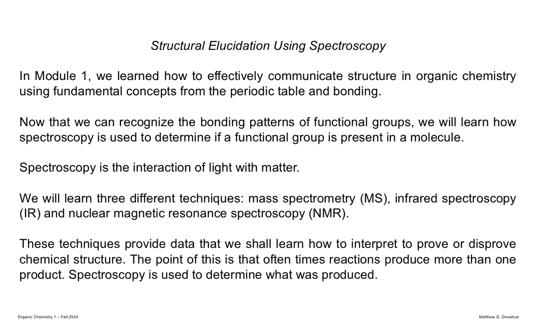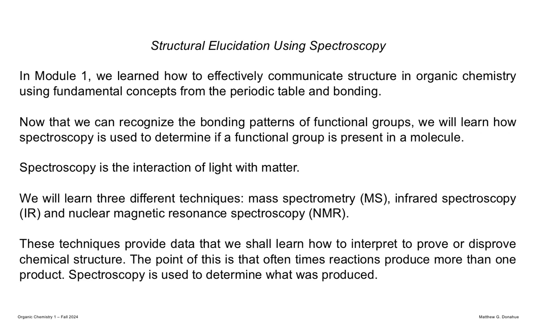So in Module 1, we learned about how to communicate structure primarily through the line drawing convention. You know that these molecules are composed of different elements. They have different bonding patterns. They can be neutral or they can have charges based on if there's an excess or a deficiency of bonds.